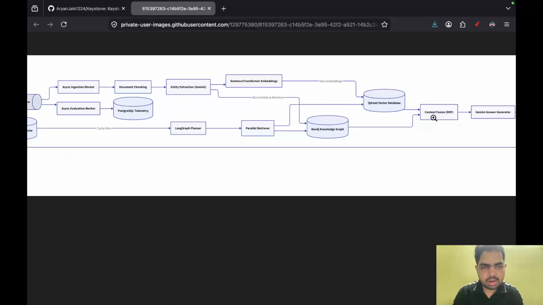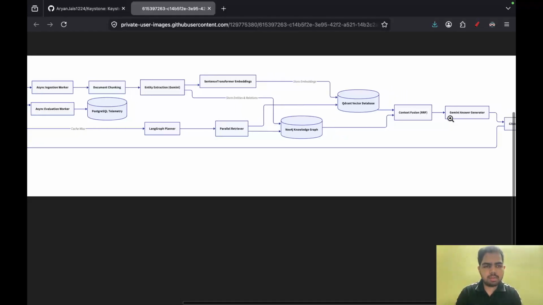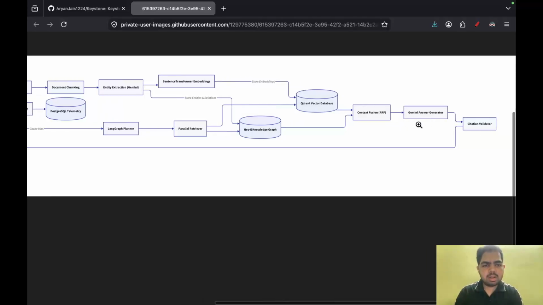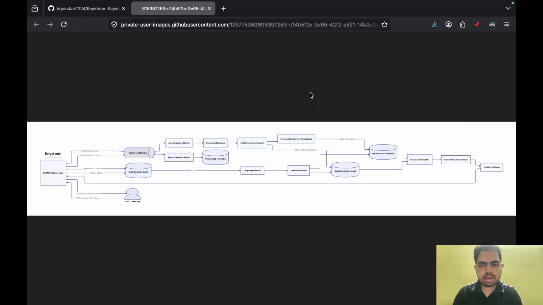Then it uses context fusion with RRF, which is reciprocal rank fusion, and then the Gemini answer generator uses all the knowledge it has. After that, there is a citation validator, which ensures that all the answers we have presented come from the citations and that everything is properly mentioned and correct. So that's the main aim. This is the entire high-level design of the Keystone project.